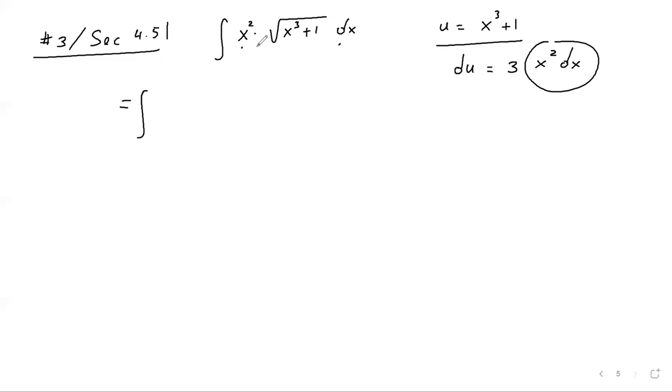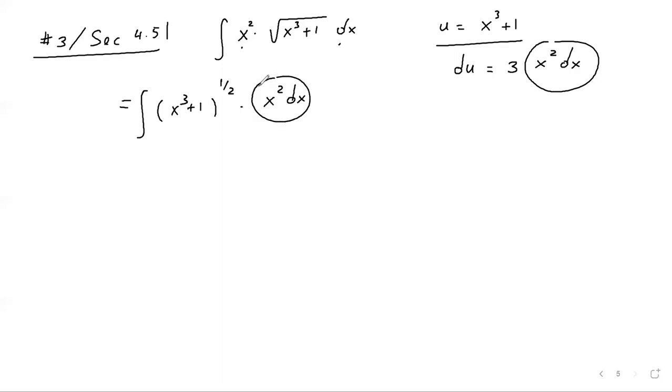So if you rewrite the integral, it is going to be (x³ + 1)^(1/2). By the way, why is that? Because the square root of x³ + 1 is (x³ + 1)^(1/2), times x² dx.